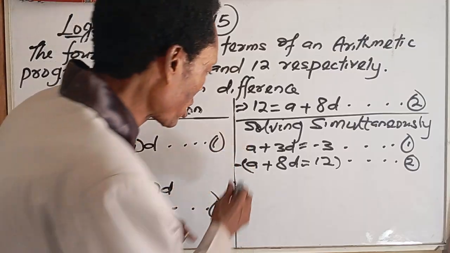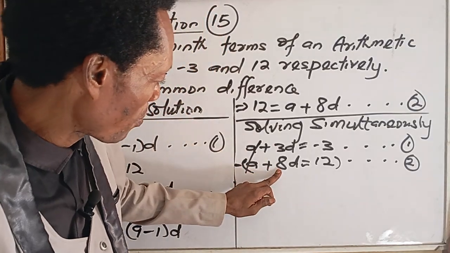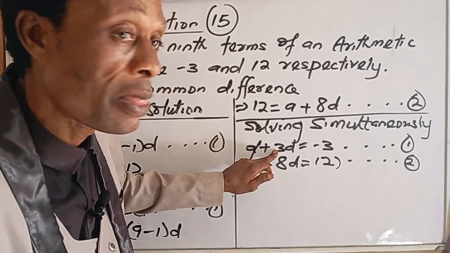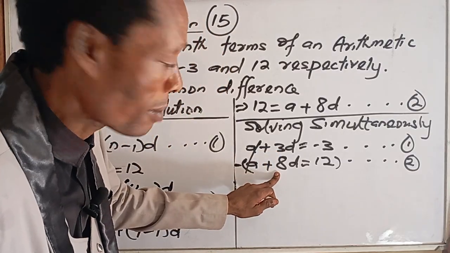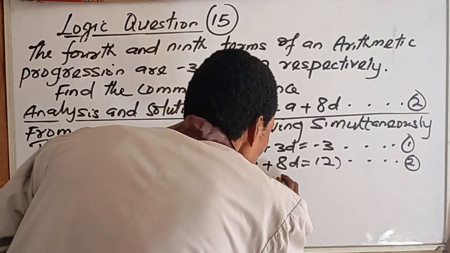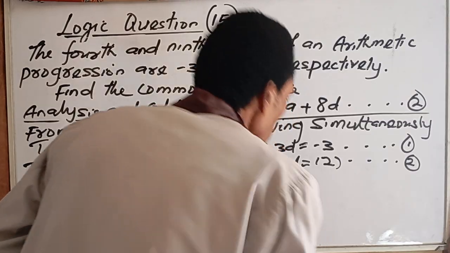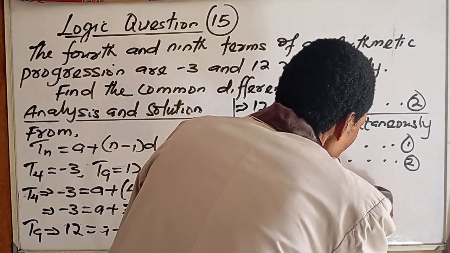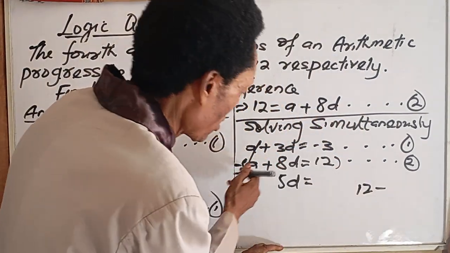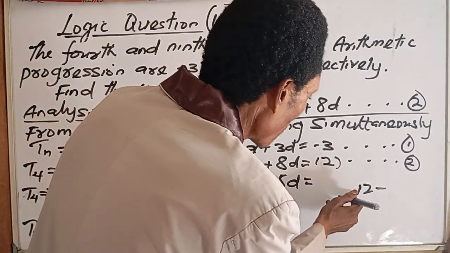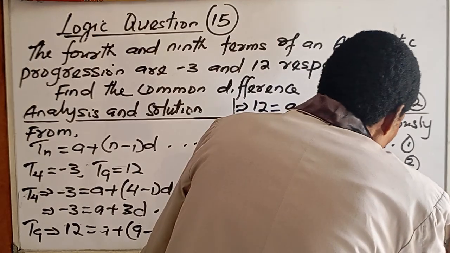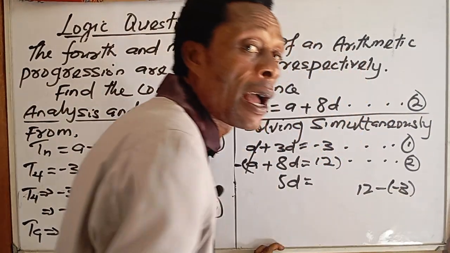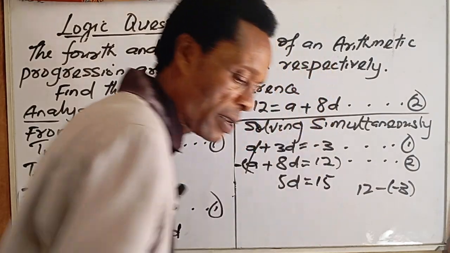A minus A cancels itself. Then 8d minus 3d gives us 5d, equals 12 minus -3. Because I'm subtracting equation 1, the minus changes to plus, so 12 plus 3 gives us 15. So that does it.